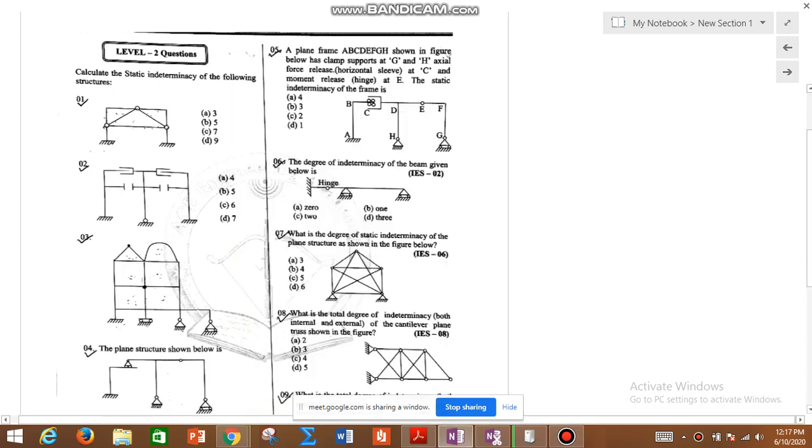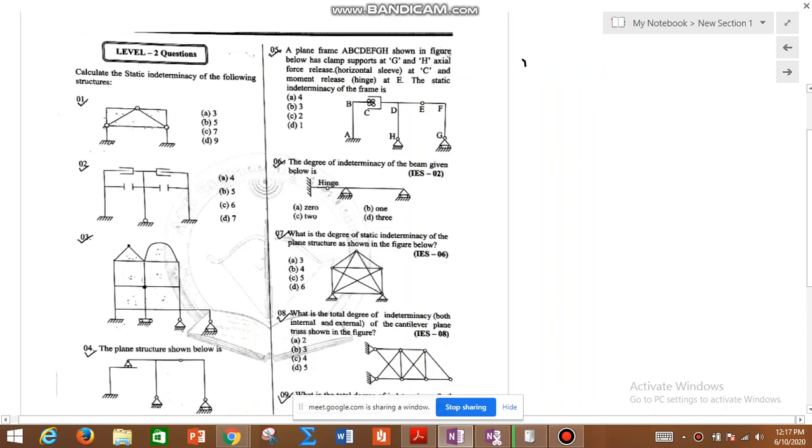Okay, fine. So these are the questions which we are going to solve today. In the previous class we already discussed what we mean by static indeterminacy, and how we can find the static indeterminacy in the case of a frame and in the case of a pin jointed truss.